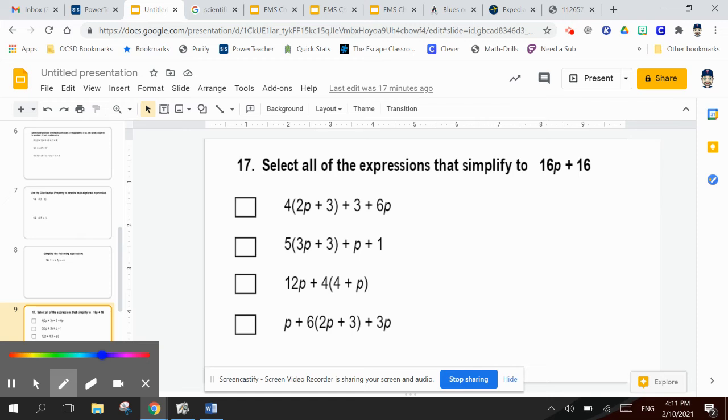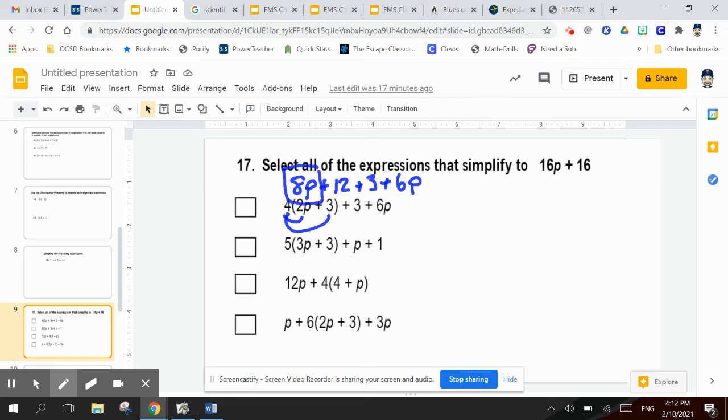Number 17 says to select all of the expressions that are equal to 16p plus 16. So again, as I go through, I take 4 times 2p, which is 8p. 4 times 3, which is 12, so I have plus 12, plus 3, plus 6p.